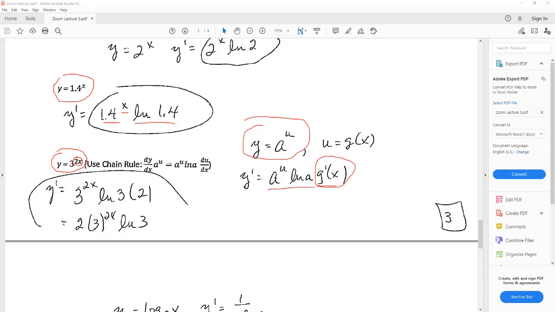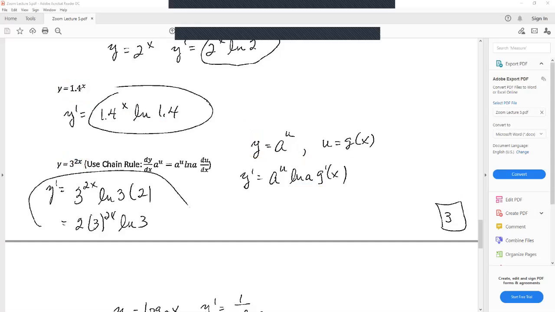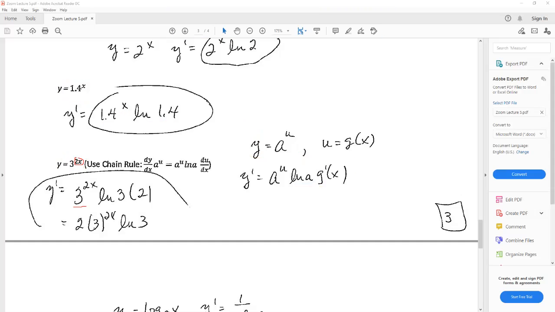So let's look at an example. Let's go back to 3 to the power of 2x. The derivative of a to the power of u is a to the power of u times the natural log of a times the derivative of u. And the derivative of 2x is 2. Typically, we like to flush our numbers to the front.